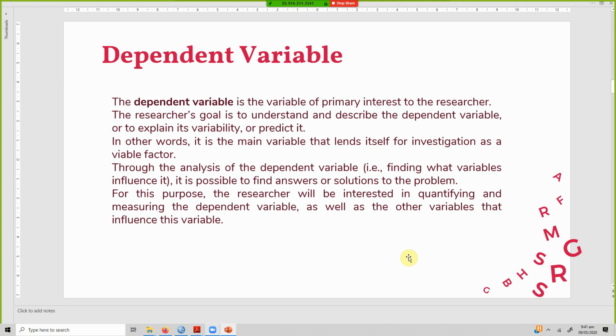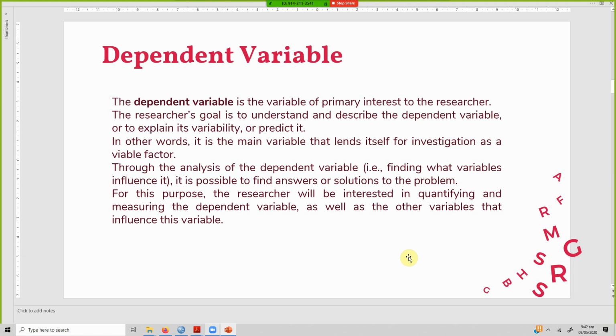The researcher's goal is to understand and describe the dependent variable, to explain its variability and to predict it. What's causing these changes? Why is organizational performance increasing or decreasing? Why is team performance increasing or decreasing? And how can we predict what influences or impacts these variables?